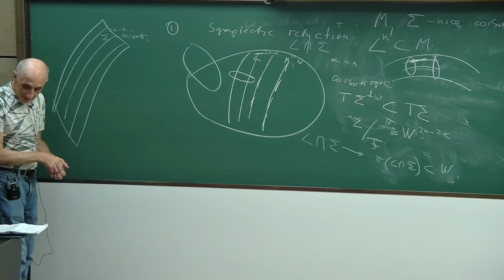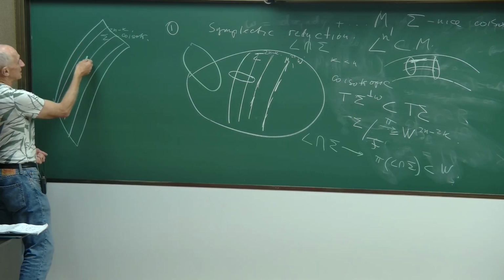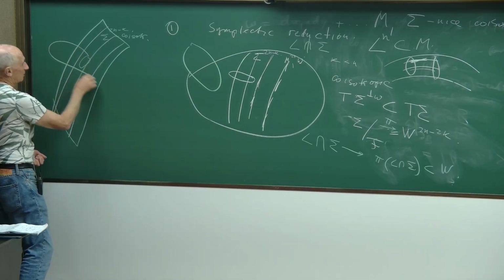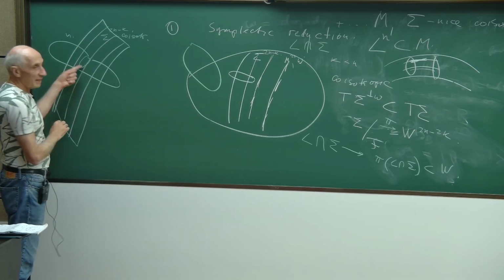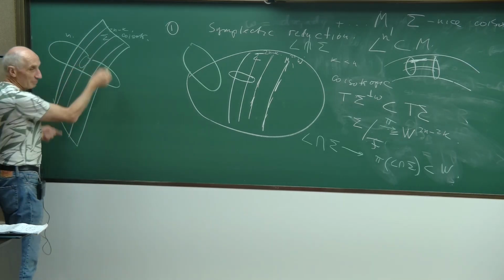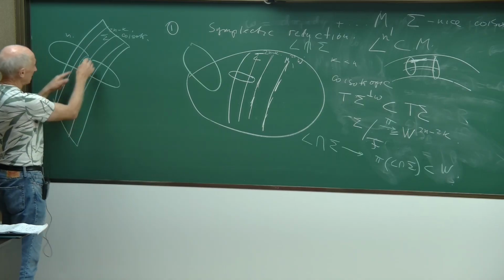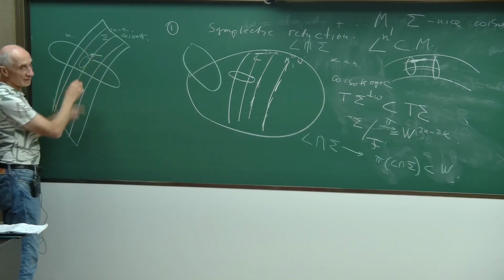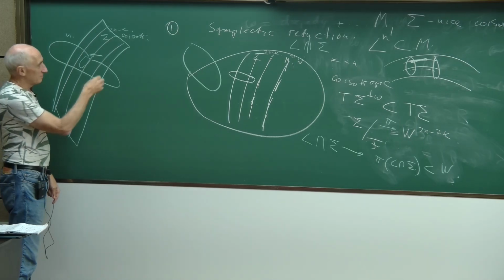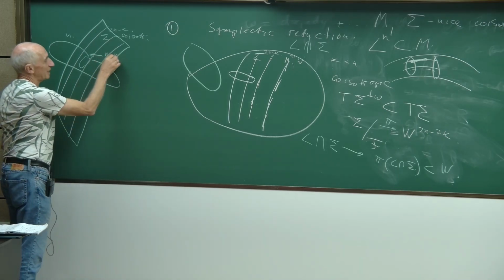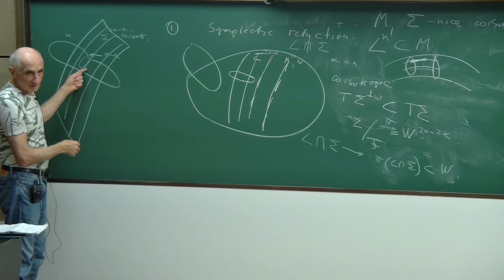And now, in addition, you have a Lagrangian submanifold in the space. So this is n-dimensional. And because it transversally intersects, this intersection has a dimension, what dimension? N minus k. It has the same codimension as this one, right?